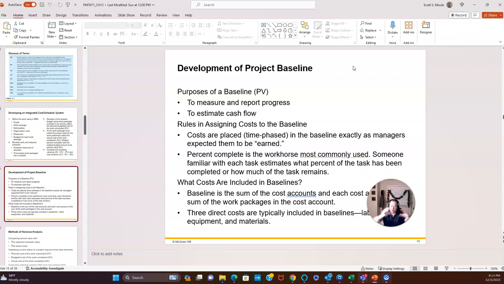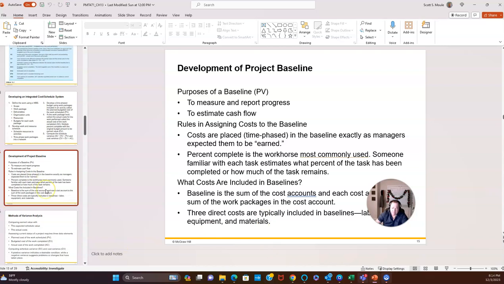When you're planning, you're planning out what you're delivering, who you need, what resources you use. You understand how long each task is going to take. You know the cost of each task, either labor cost or material cost, and you build that into your project plan, your Gantt chart. That is your baseline. That's all it is. It just includes all of the different areas that you've calculated out in the past.